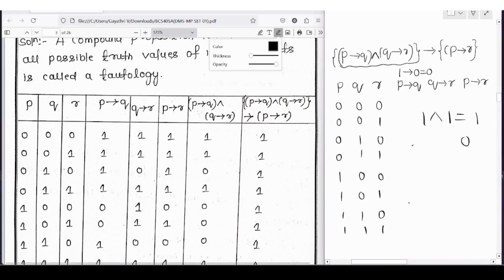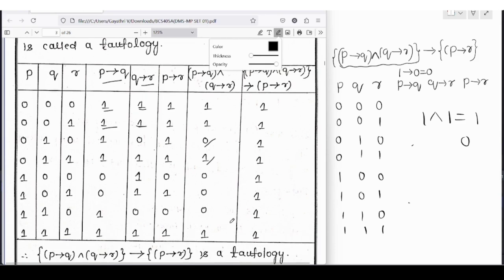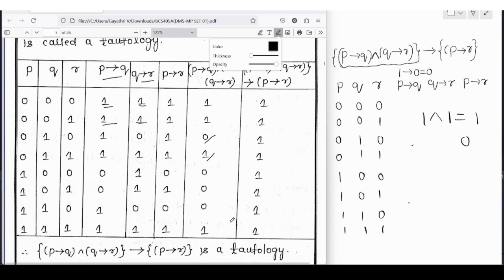So we take P conditional to Q and Q conditional to R. 1 conjunction 1 is 1, 1 conjunction 1 is 1, 1 conjunction 0 is 0. Similarly, 1 conjunction 1 is 1, 0 conjunction 1 is 0, 0 conjunction 0 is 0, 1 conjunction 0 is 0, and finally 1 conjunction 1 is 1.